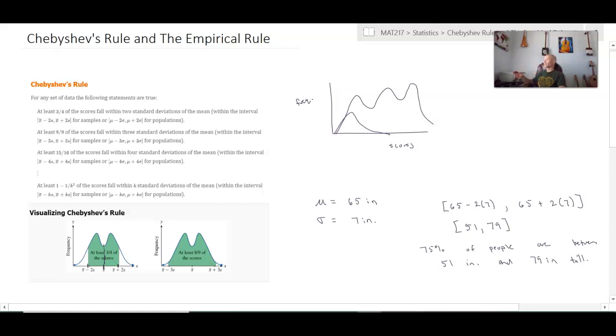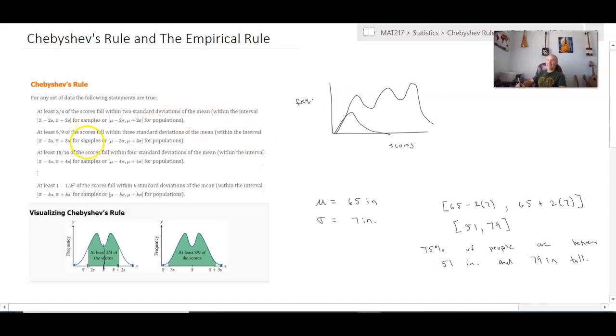Now maybe we're not satisfied with that. Maybe we want to get a higher proportion of our population. Maybe we want to describe 8/9 of our population. That's kind of a strange fraction to want to think about, but because of how Chebyshev's rule works, there's a formula for this.